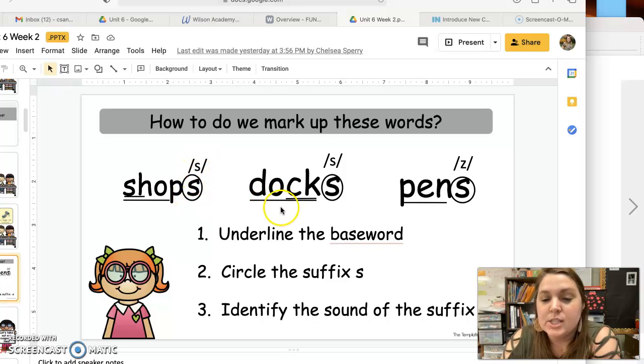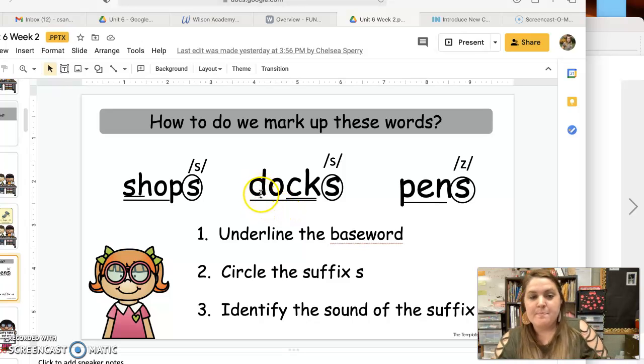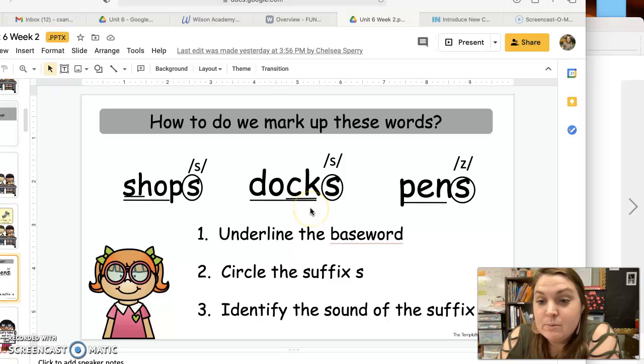All right. Let's look at our next word. Let's tap it. Ready? D, dock, dock, docks. All right, the first thing they did was they said, hey, do I have any digraphs? They said, yes. So they underlined their digraph. Then they said, there's a base word. What is the base word? The base word is dock.